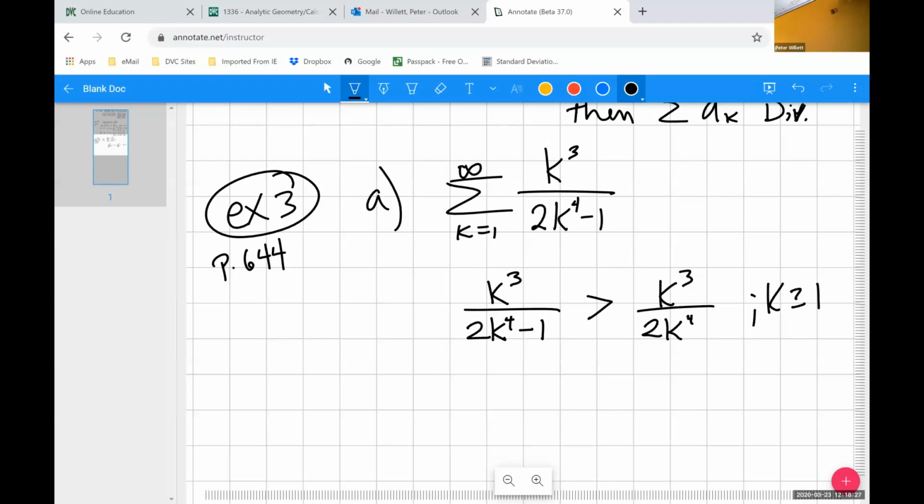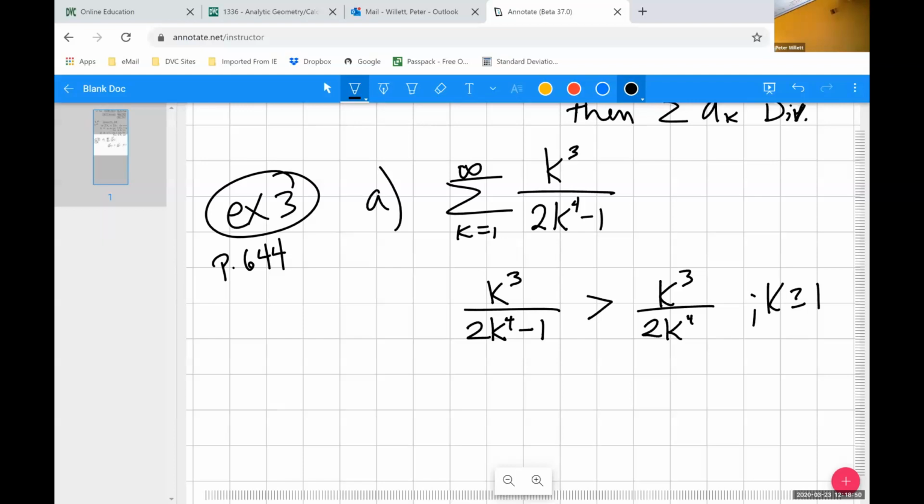This is true because the denominator of the left term is smaller, because we're subtracting 1, making the value of the fraction larger. Because you have a smaller denominator with everything else staying the same, you have a larger fraction.